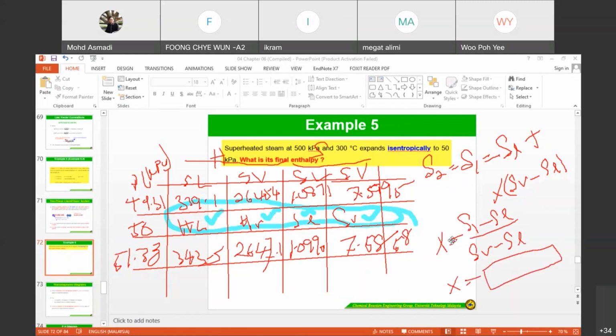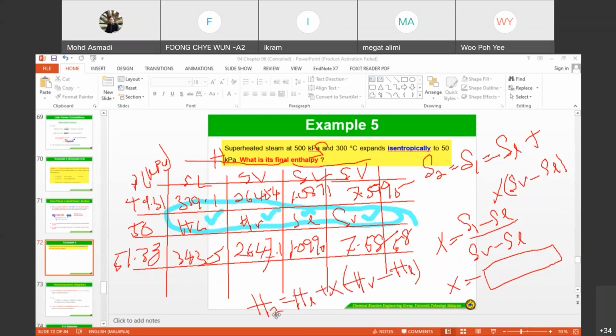Okay, so once you determine X, by the same expression, H2 equals H liquid plus X times (H vapor minus H liquid).